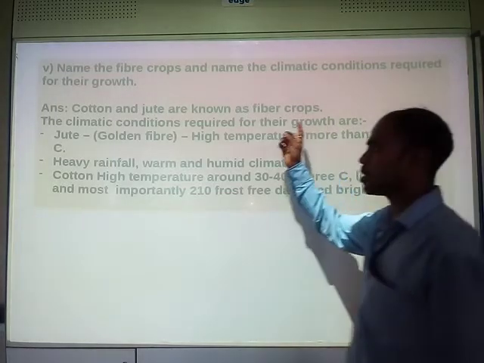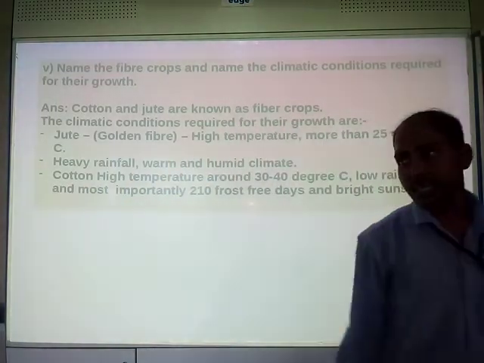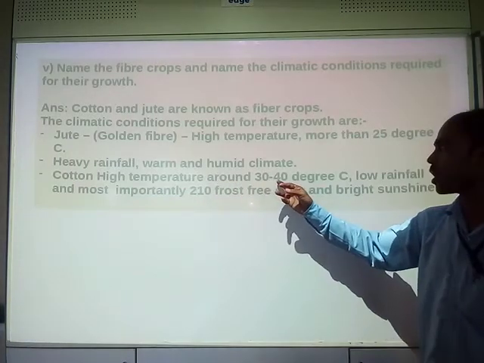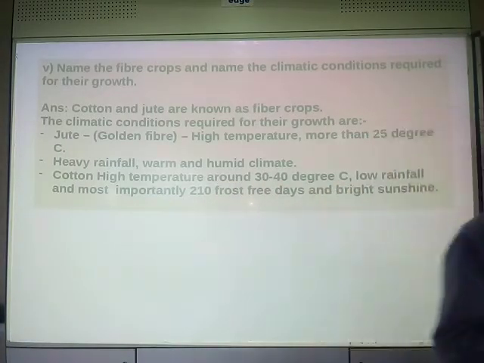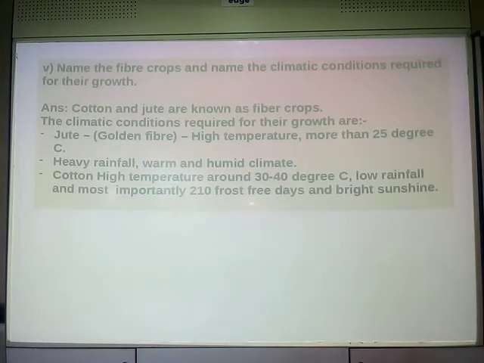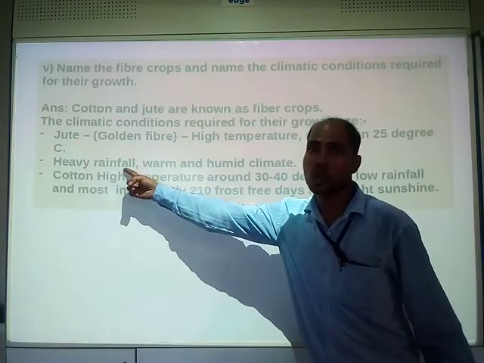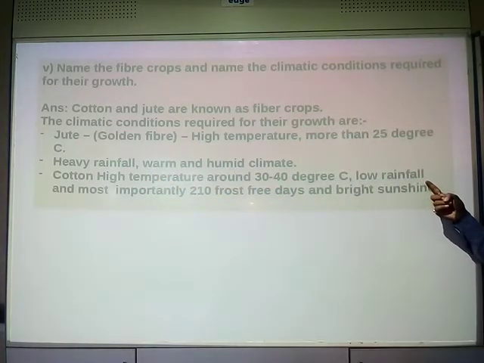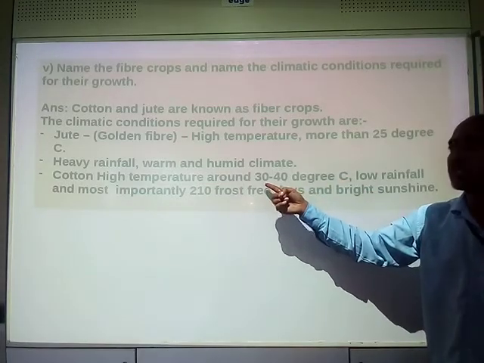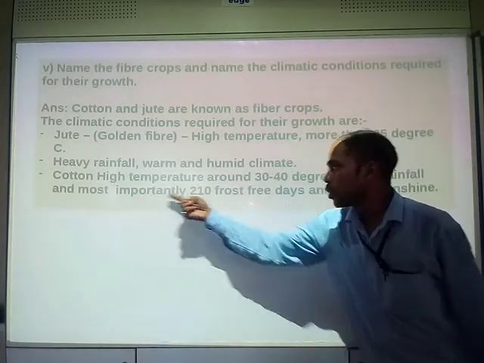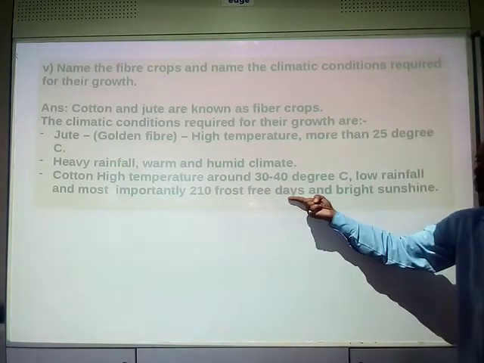Another fiber crop is cotton. For cotton, a high temperature of around 30 to 40 degrees C is required. Low rainfall is required in the case of cotton. In the case of jute, heavy rainfall was required, but in the case of cotton, low rainfall. And a very important thing to know about cotton is that 210 frost-free days are needed.